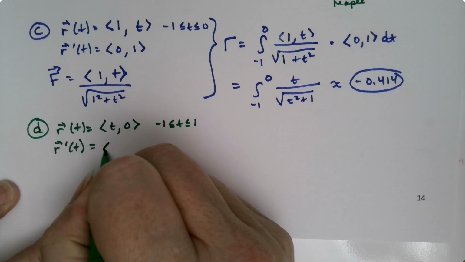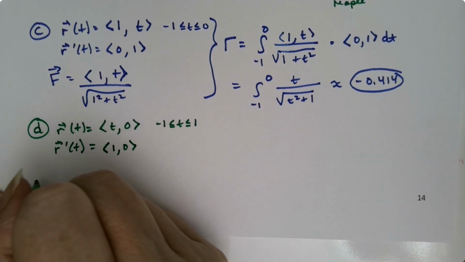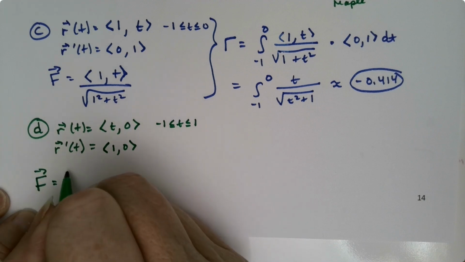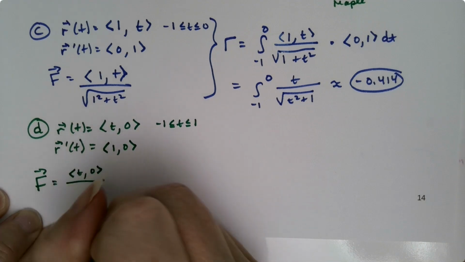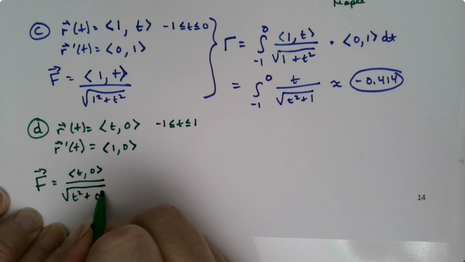And then the derivative would be (1, 0). Now the vector field's going to get into a little bit of diciness here because it depends. So it's (x, y), which is (t, 0), over the square root of t squared plus 0 squared.